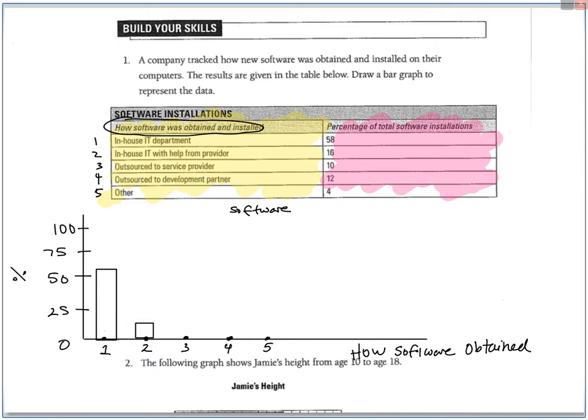Just like that. Next one's only 10, so it's even smaller. Next one's 12, so bigger than 10 but smaller than 16. And the last one's 4, it's even just tiny.